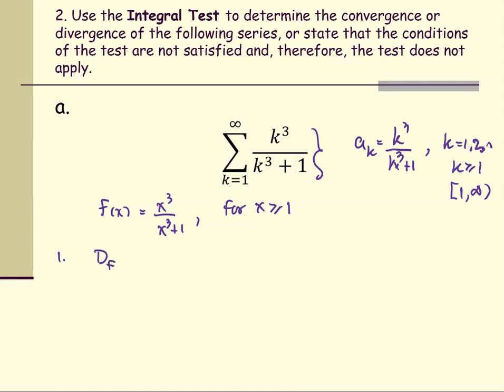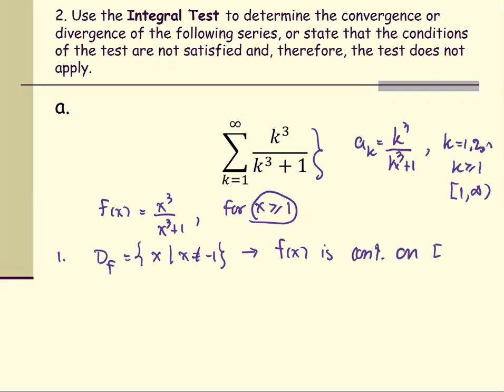The denominator cannot be 0, so x cannot be negative 1. x equals negative 1 is not in the interval of interest. Therefore, the function f of x is continuous on the interval 1 to infinity.